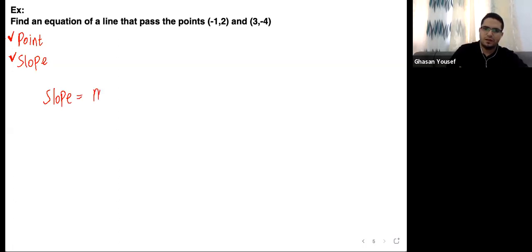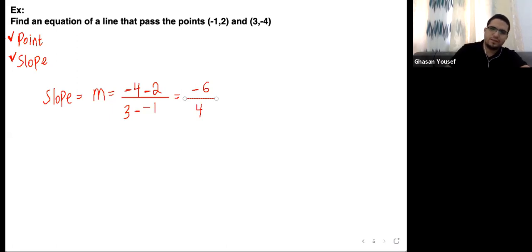So first of all, the slope m equals the difference of y, -4 minus 2, over 3 minus (-1). This gives me -4 minus 2 is -6, and 3 minus (-1) is 4. We can simplify this.